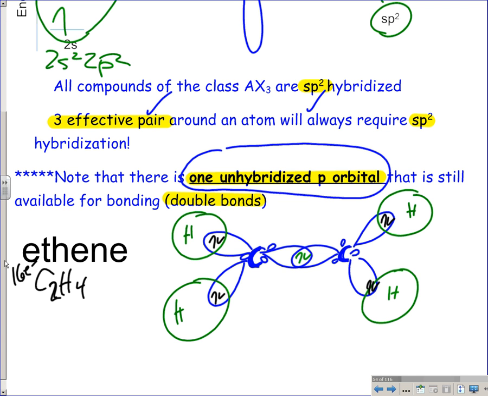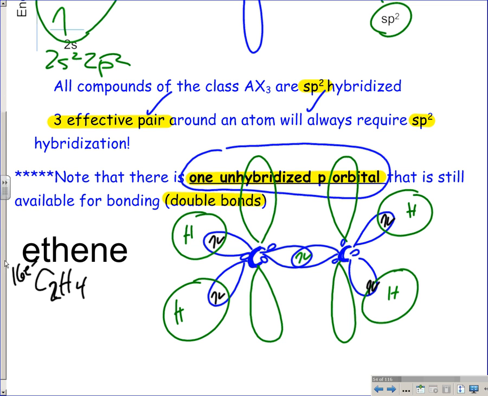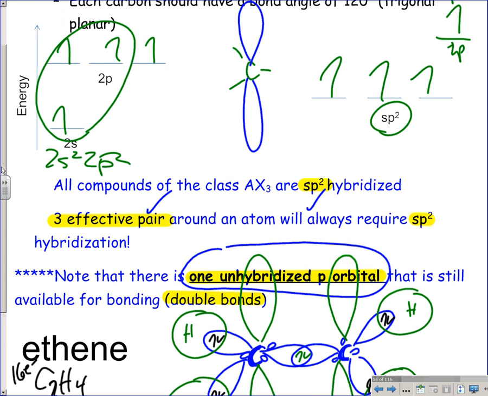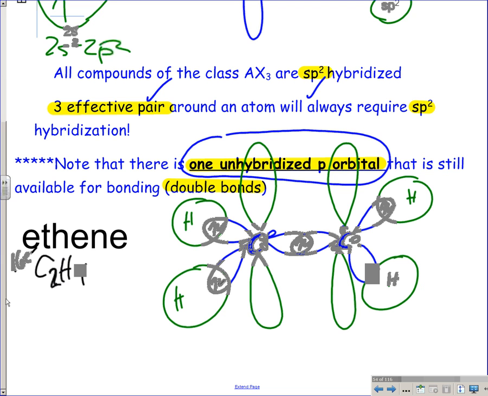So this is all in the same plane for now. I'm just going to draw it as if it were. There's 1 p orbital going up and down here, and 1 on this one. Because like I said, carbon has an extra p that's not hybridized. So we draw it big and broad, okay? Their shape is not changed. The overlap for this doesn't actually overlap.